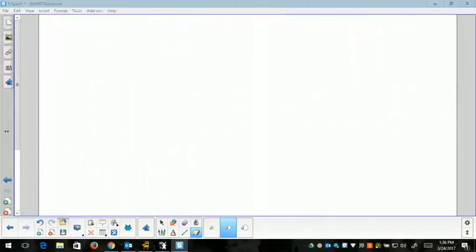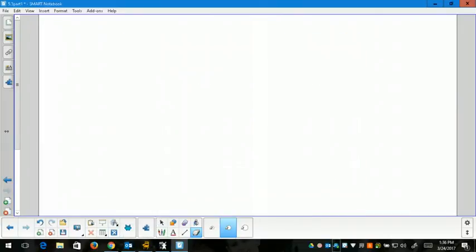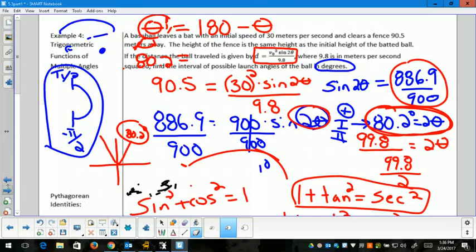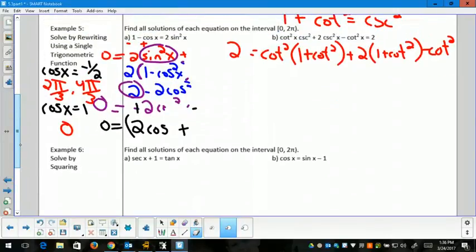All right, so when I distribute this, this becomes cotangent squared plus cotangent to the fourth plus 2 plus 2 cotangent squared minus cotangent squared.